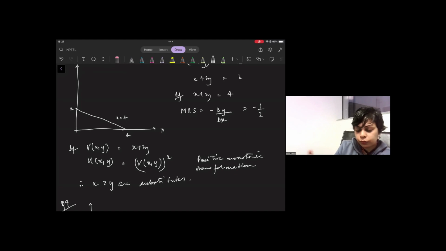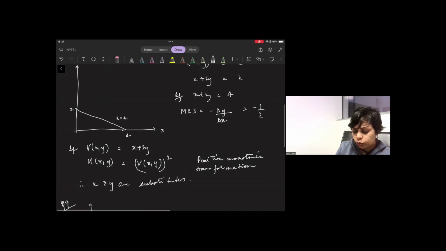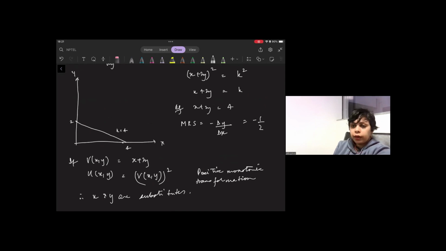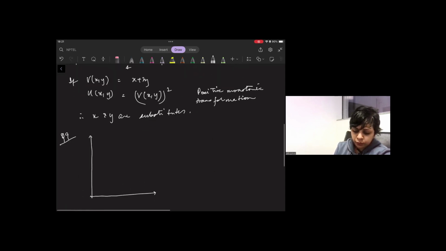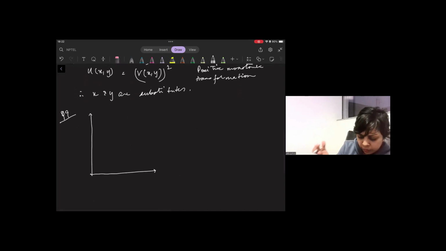Or you can say 2 and 4, it's basically the same thing. So in this case, we were saying 1 is delta y and 2 is delta x. Similarly, we will solve this conundrum also.